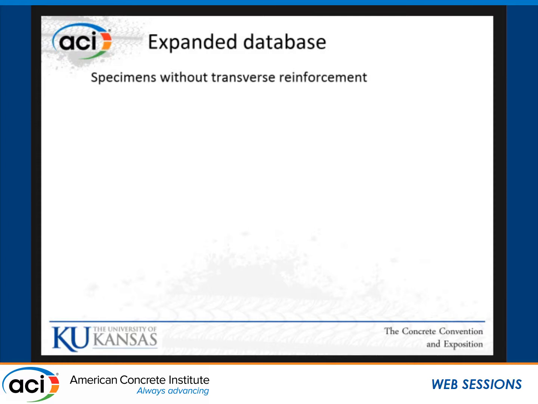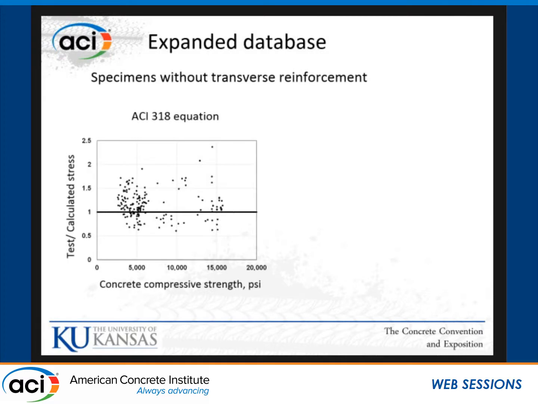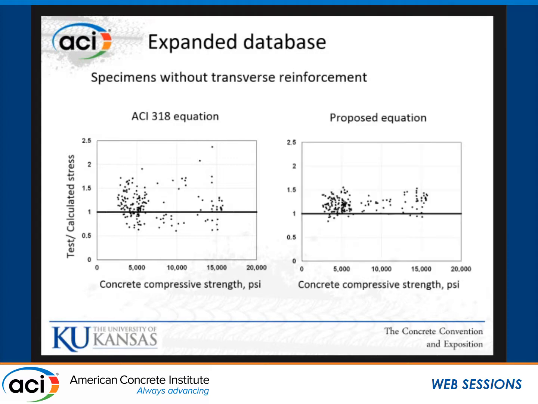Using the expanded database, which includes the 408 database in addition to the 69 specimens reported by Salim et al., the plot to your left shows the comparison with the ACI equation, and to the right is showing the proposed equation. The vertical axis represents the test over calculated stress ratio. The horizontal axis, or the x-axis, represents concrete compressive strength.